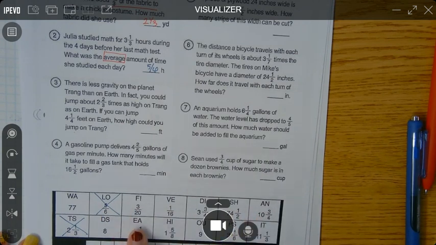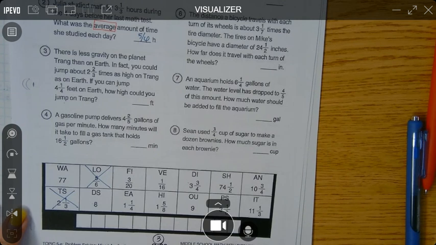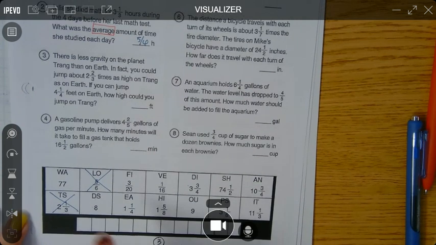But notice there's not that many boxes because I haven't finished all the problems yet. So you cross off the 8 answers, and then whatever's left, that's what goes down here. So don't write anything until after you finish.